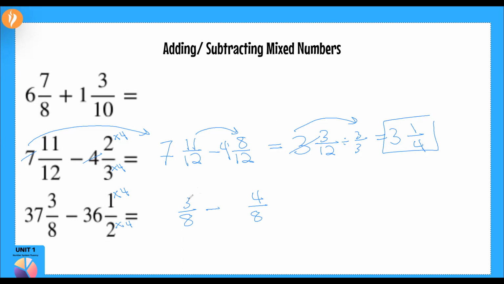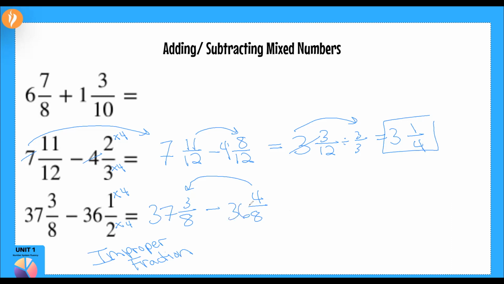So this is the scenario when you have to turn your subtraction problems into improper fractions. You have to change this mixed number into an improper fraction, and it's in this scenario when you're subtracting and the second numerator is bigger than the first one, okay?